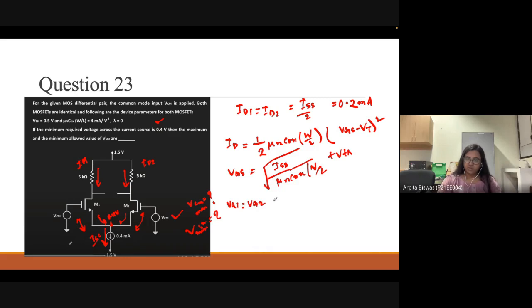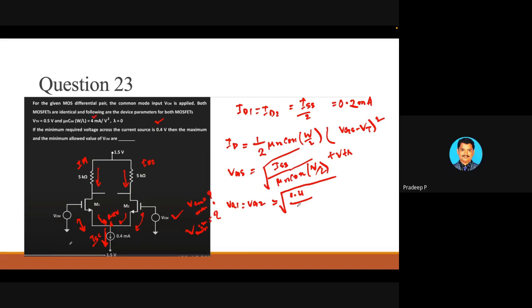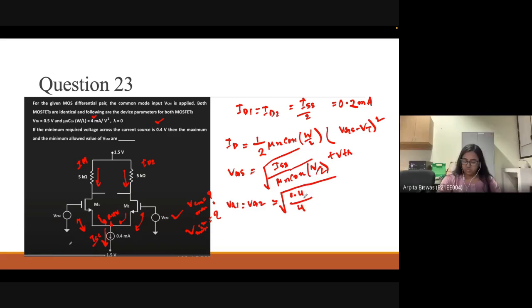And how to find this value? ISS is given as 0.4 milliamps, and mu n Cox W by L is also given, which is 4 milliampere per volt square. The milliamps cancel up and down, and the VTH value is also given.